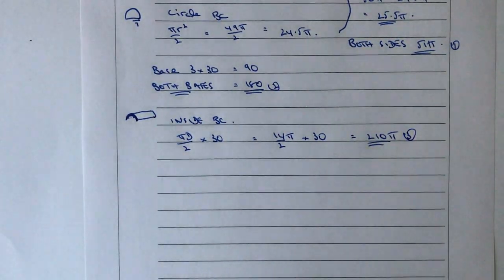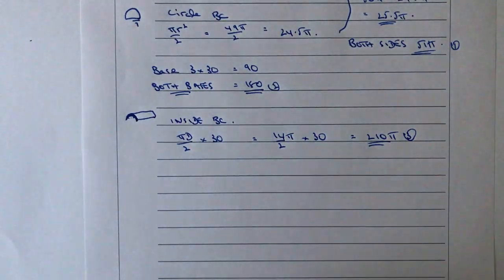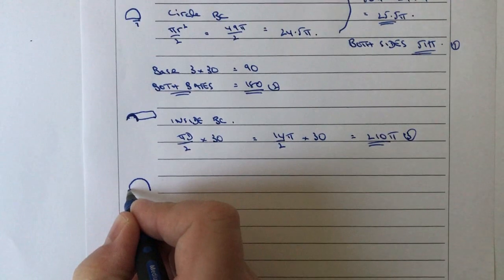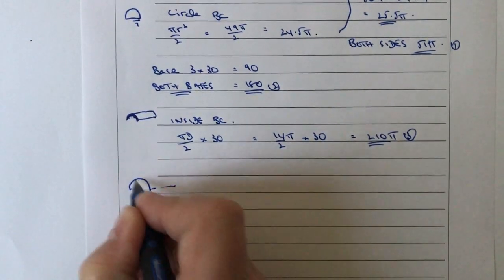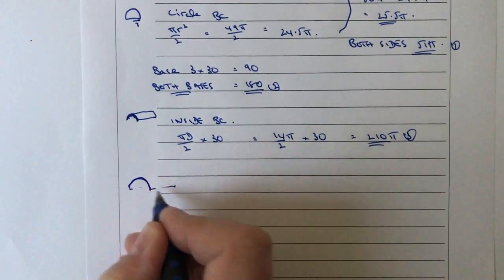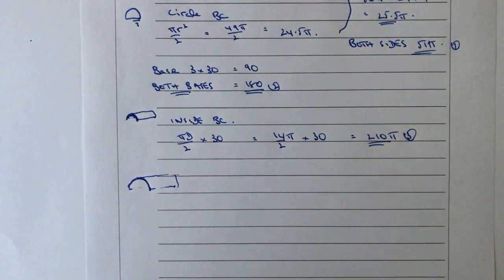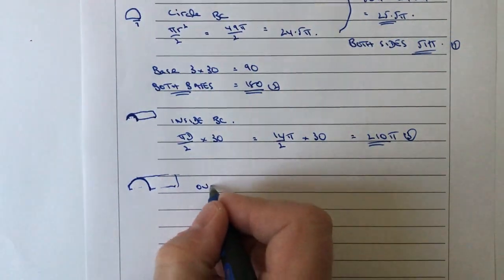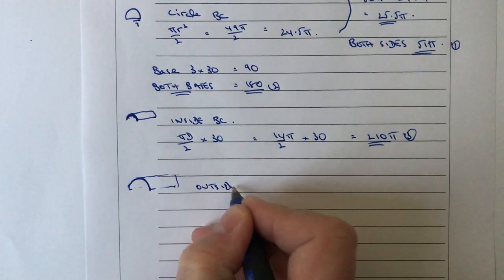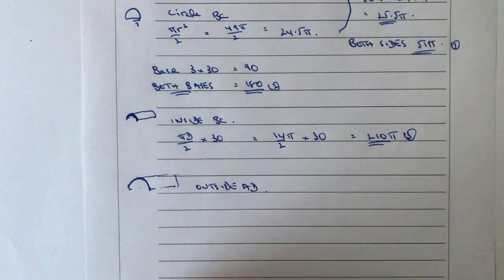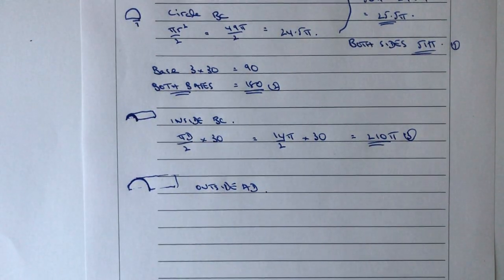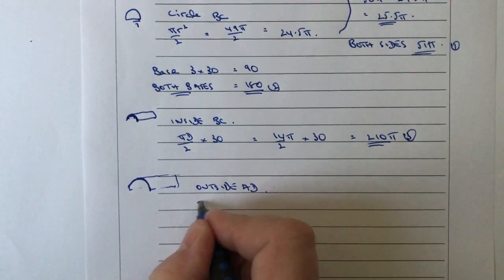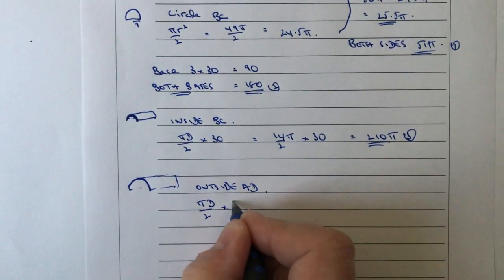All right, so my last little bit that I need to do is I need to again work out this pi, but this time it's the outside area, so it's all this area along here, apologies for my drawings, but the outside is going to be, I'll call it AD, but hopefully you'll be able to see what I'm talking about from the diagram, and that's going to give me, again, I'm going to use pi times d over 2 times 30.